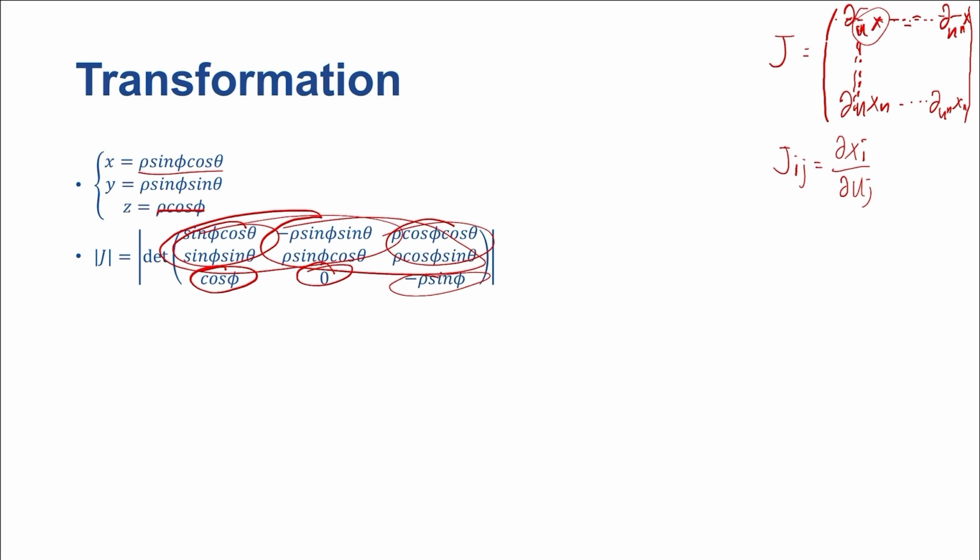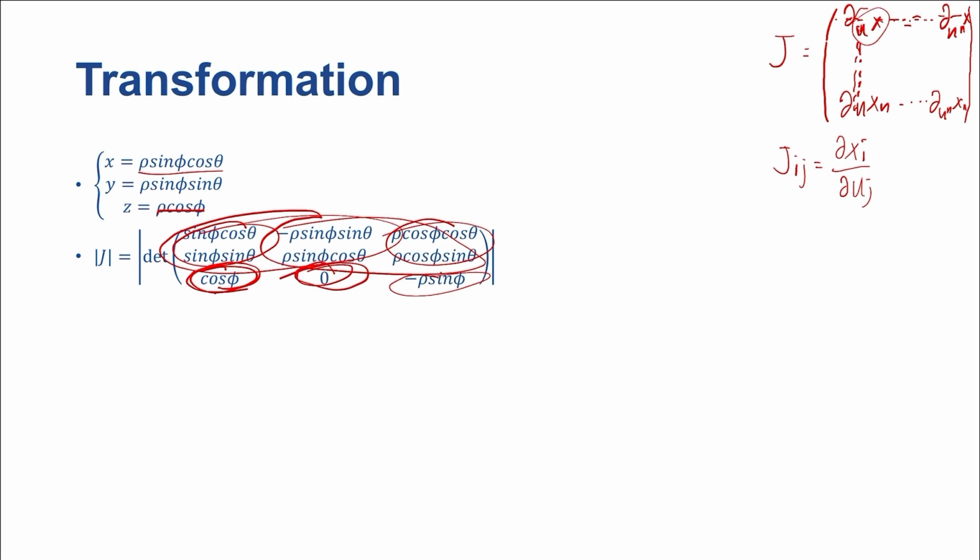It doesn't really matter which column or which row you decide to use, but it will all end up the same. We will use the last row just because we have a 0 in it. And then for the other terms, you form the matrices out of the columns that are not being used, right?